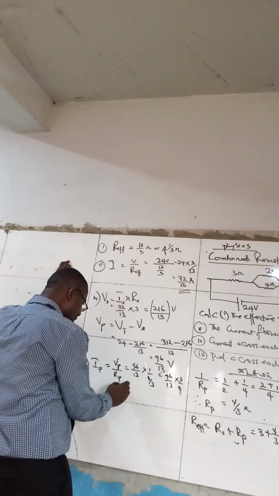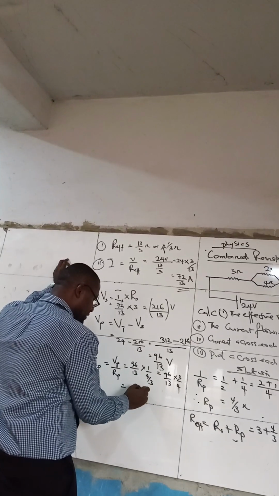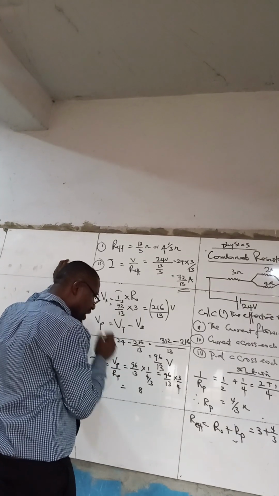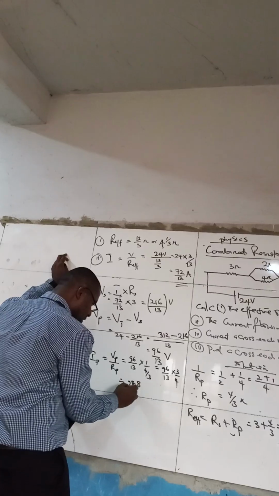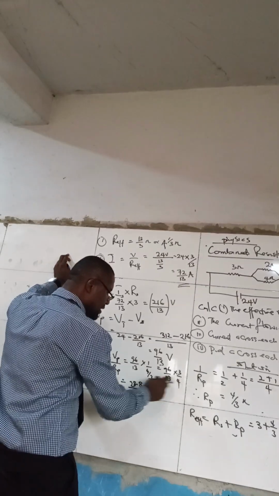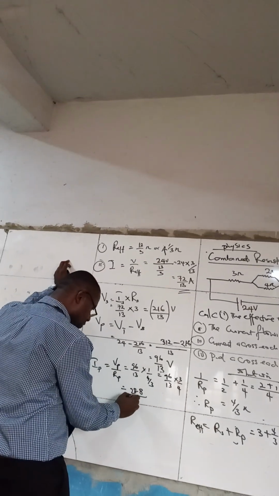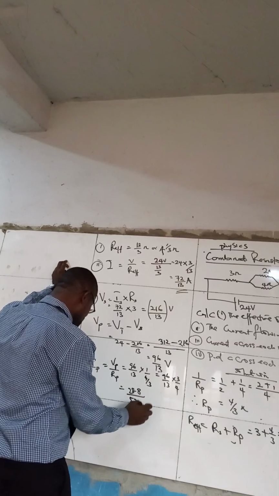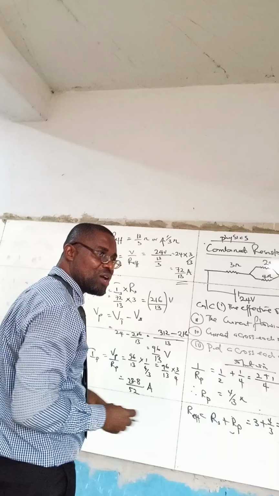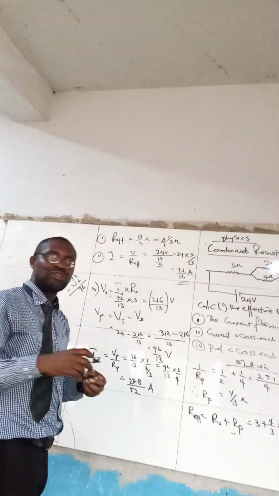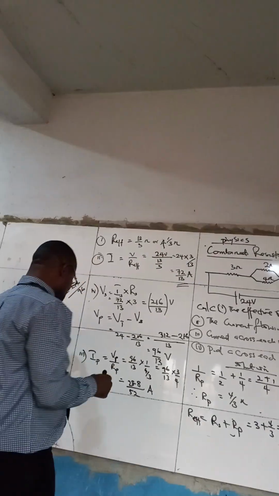That gives 288 over 52 ampere. You can also reduce it to its lowest terms, but because we're not using a calculator, we are not looking at it.